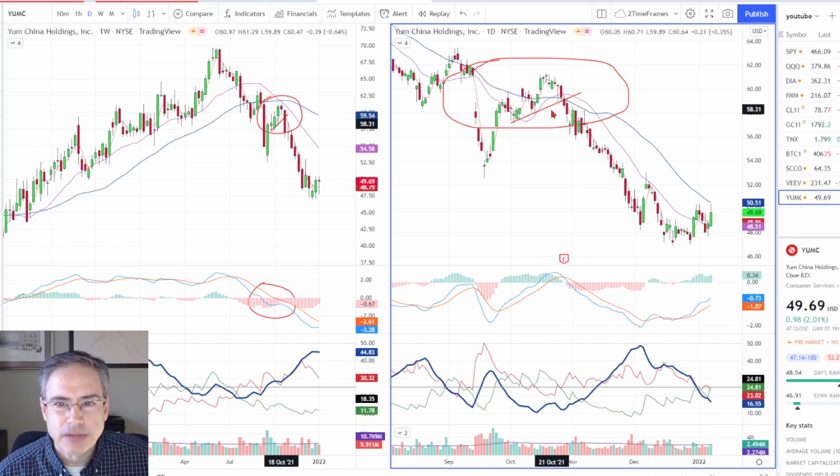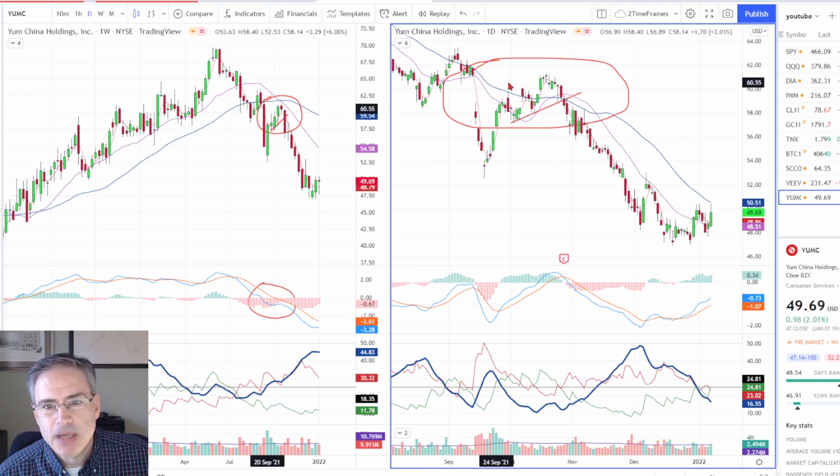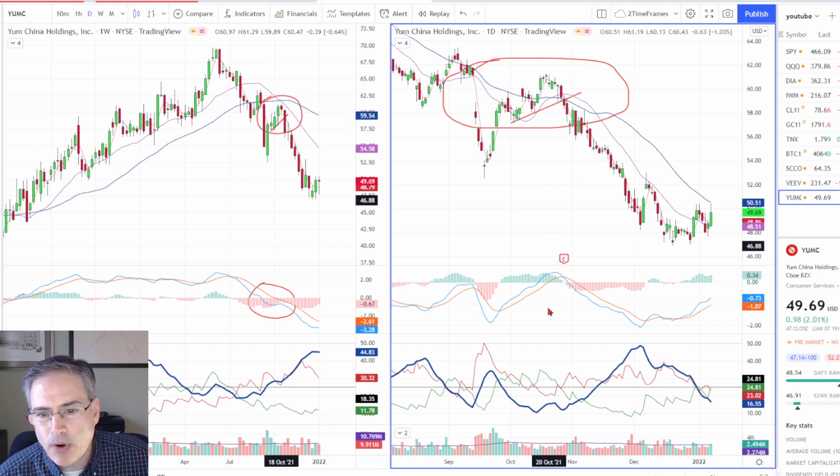So looking at a 1, 2, 3 sequence, I'm taking the 1 in this instance when I have a pinch developed, especially if it's near the 18 MA on the higher time frame. So if I have strong ADX, I get a pinch, and I know I'm fairly close to that 18, then I'm willing to draw a trend line on price when I get low ADX on the lower time frame.